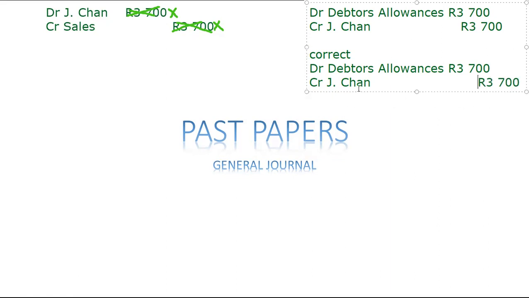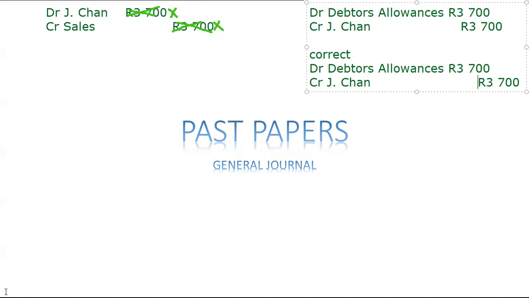Now, because these two entries are exactly the same, they're identical, it's pointless for me to repeat them twice. Instead, I might as well take debtors allowances and multiply by 2, and take J Chan and multiply by 2.